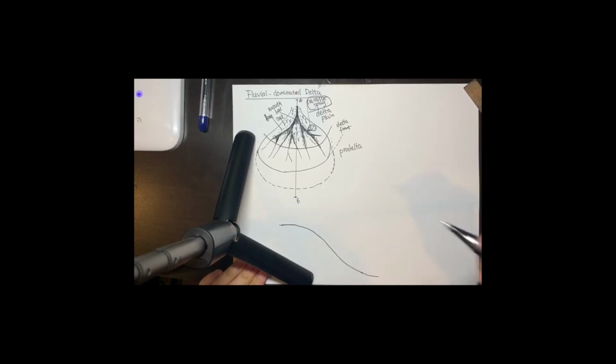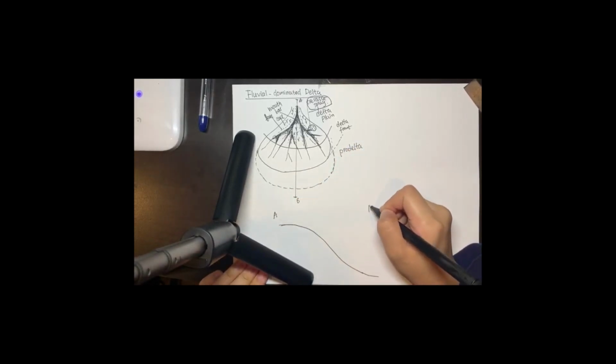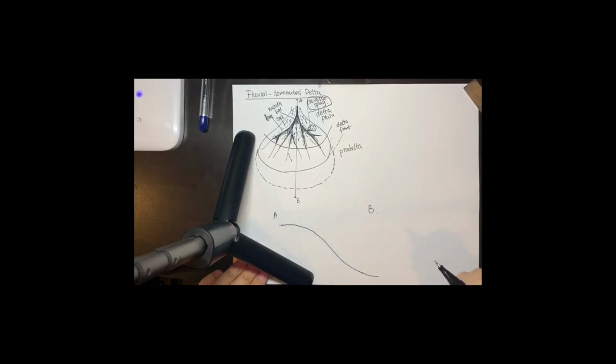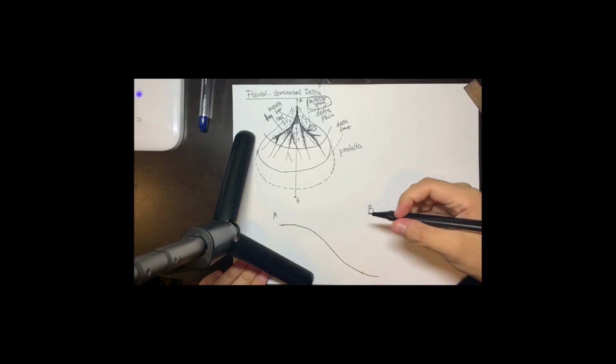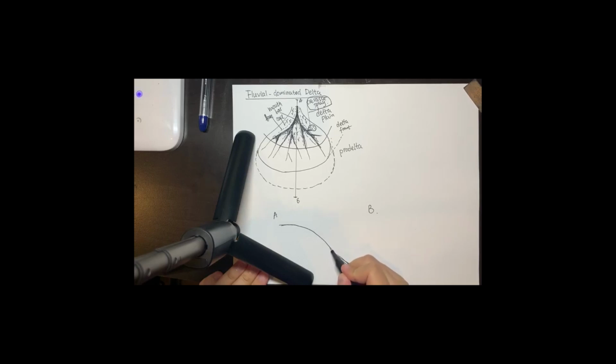And this is A, this is B over here. So at the beginning, when there was no delta, what we will see on the continental shelf is laminated muddy deposit, and occasionally we will see slumps or turbidity current deposit, which is the Bouma sequence. And then a river comes in.